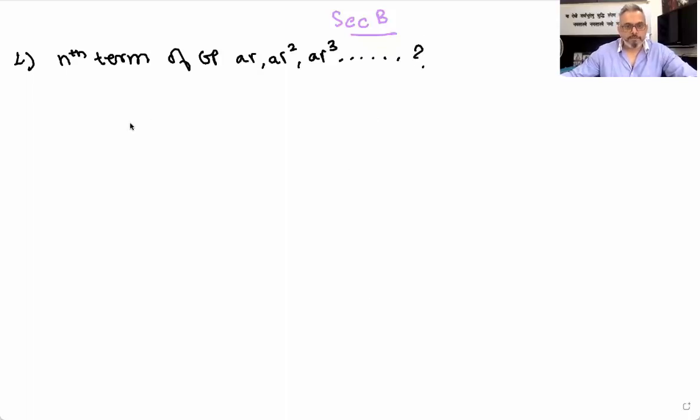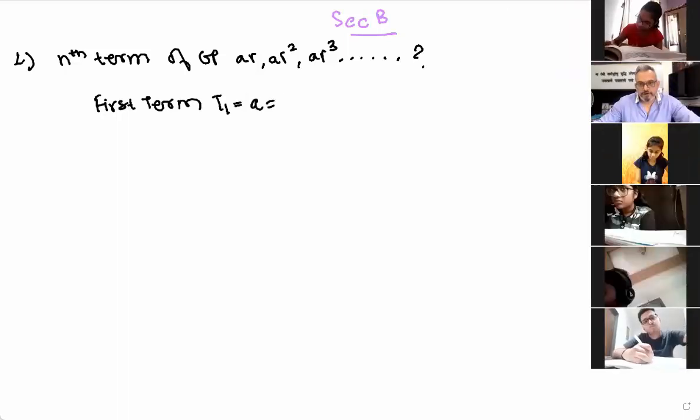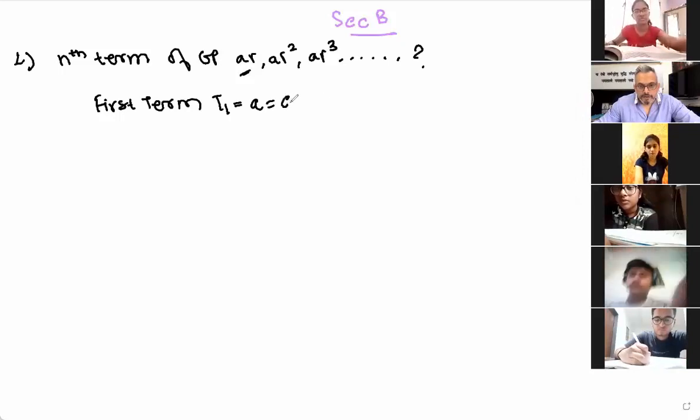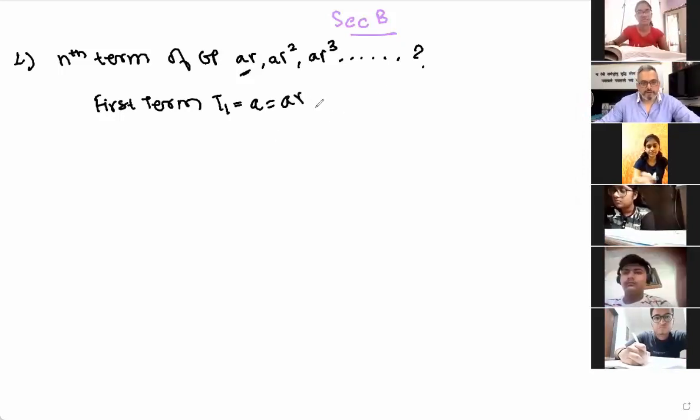Now over here, first term T1 is equal to A. Now what is the first term over here? First term क्या है यहाँ पे? AR. So A is equal to AR.